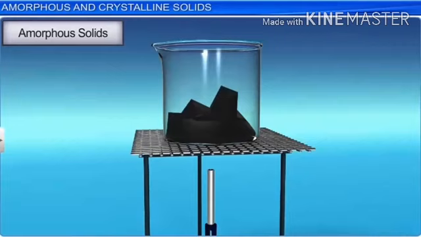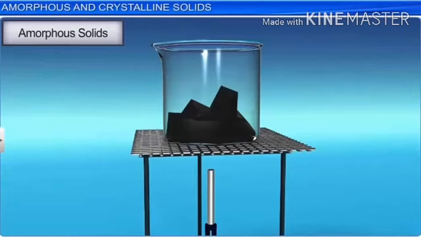Crystalline solids, on the other hand, have a very sharp melting point, and when they reach it they change into the liquid state. That is one of the differences between crystalline and amorphous solids.